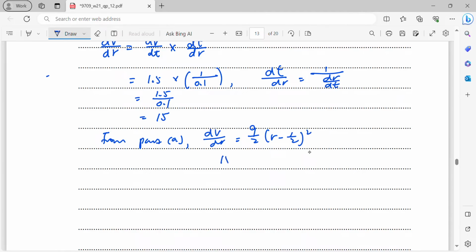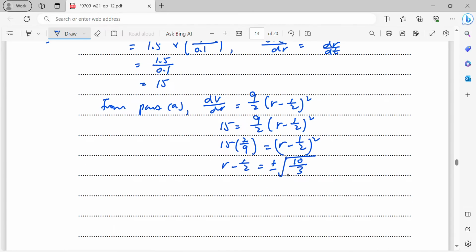So now 15 is 9 over 2 times r minus half squared. So now the 9 over 2 moves to the other side. So 15 times 2 over 9 is r minus half squared. So I will say r minus half is plus minus the square root, moving it to the other side. So 15 times 2 over 9 is basically 10 over 3.